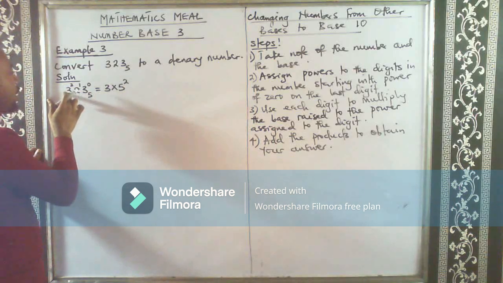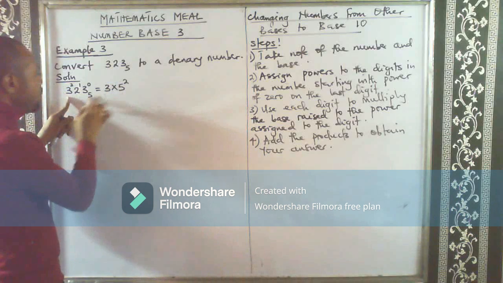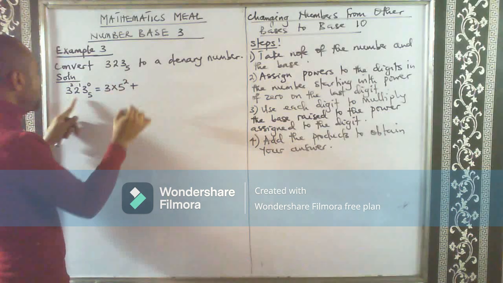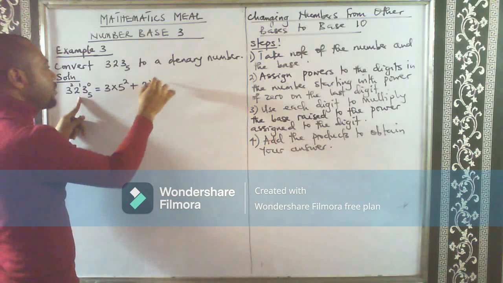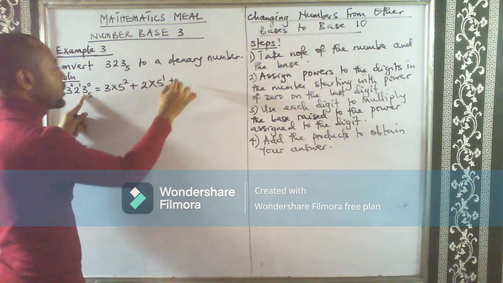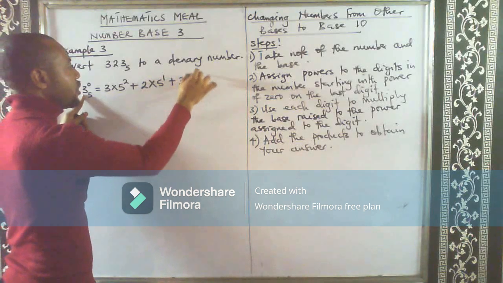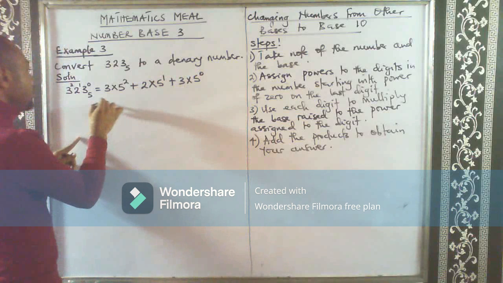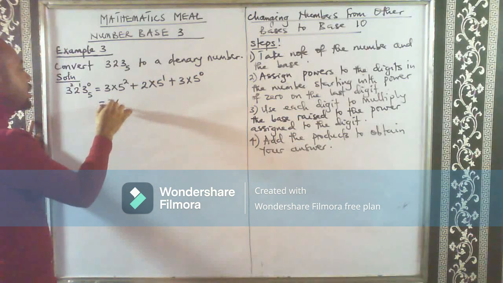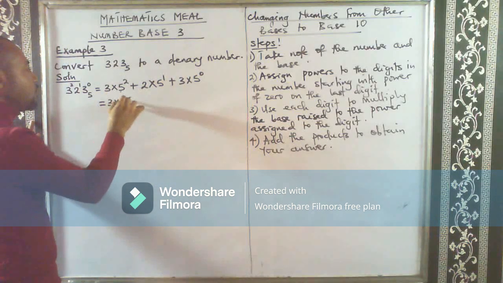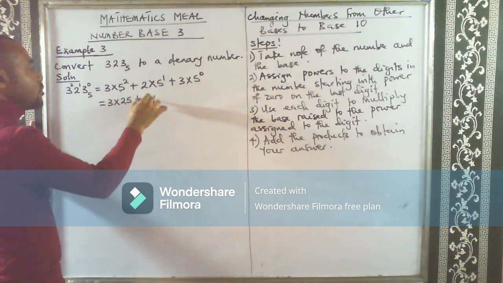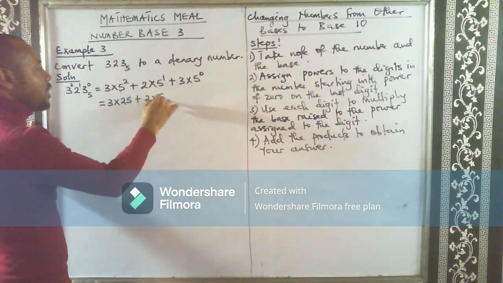The power assigned to this 3 is 2. That's why the base here is raised to the power of 2, plus 2 times 5 raised to the power 1, plus 3 times 5 raised to the power 0. So we have 3 times 5 raised to the power 2, which is 25. And we have 2 times 5 raised to the power 1, which is 5.